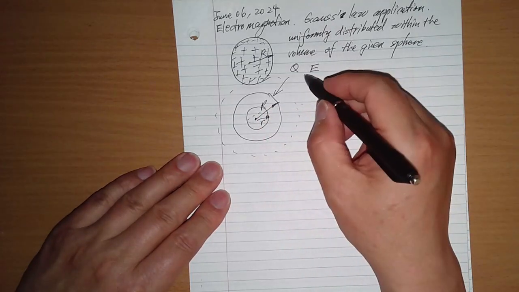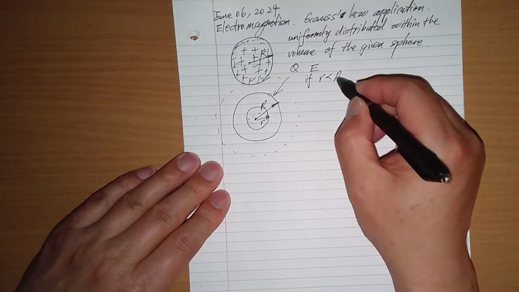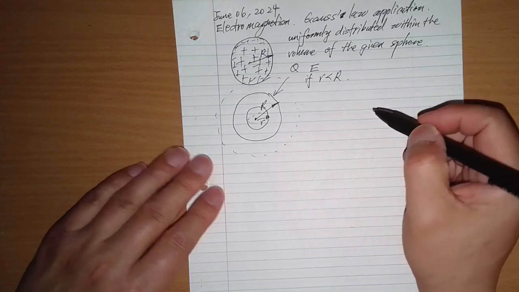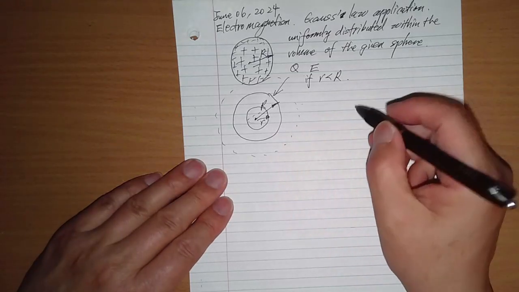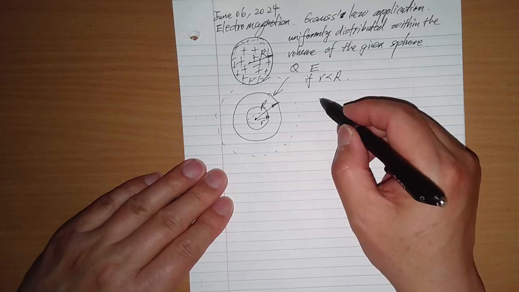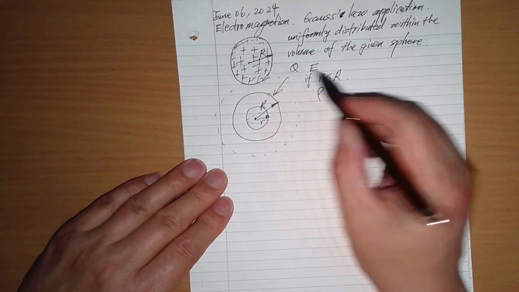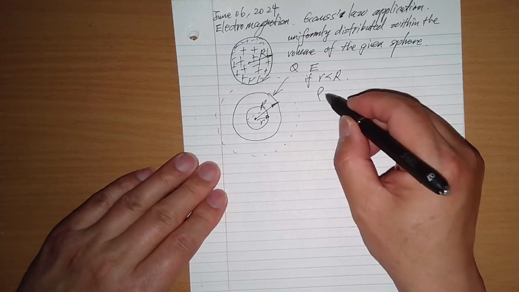So let's say if little r is less than big R. In that case, before we solve that, we need to figure out something. Let's say the charge density for the given sphere is called rho.